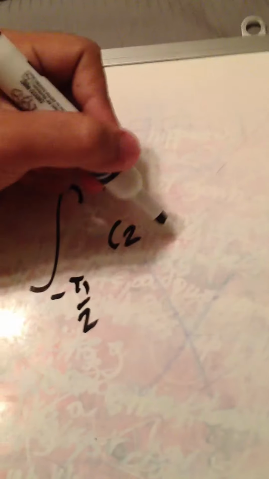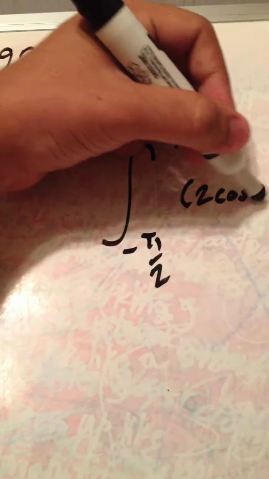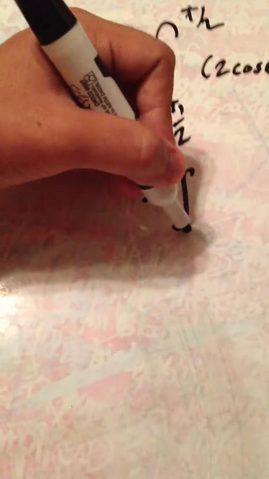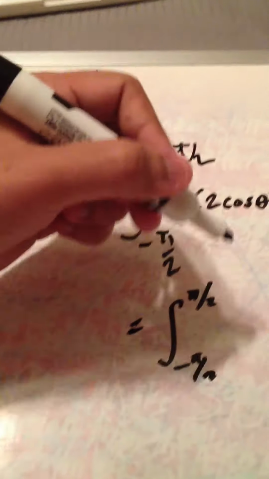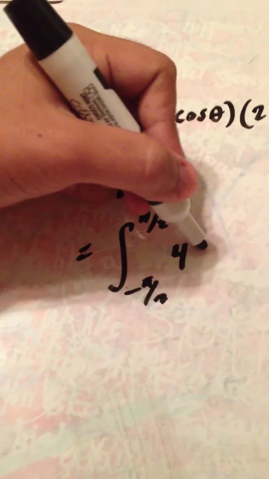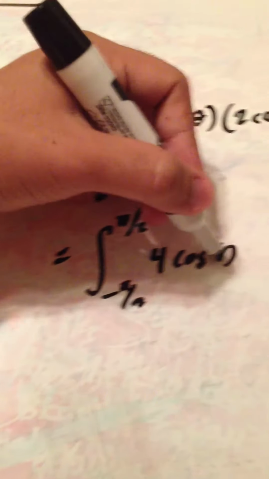So it's 2 cosine theta times 2 cosine theta d theta. If we simplify that, it's equal to the integral from -pi/2 to pi/2 of 4 cosine squared theta d theta.